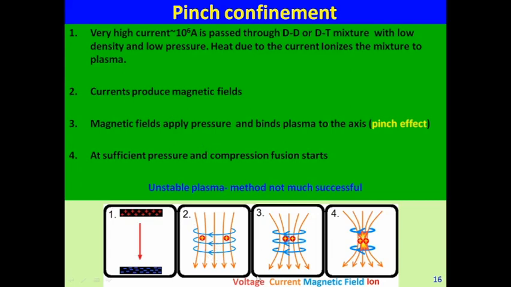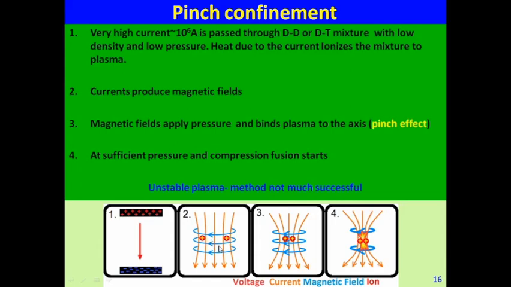Whenever there are currents, there will be magnetic fields around them. You know that wherever there is a current passing, there is some sort of magnetic field around it. This conduction of current is possible at high temperature simply because the plasma is in the ionized state, and an ionized state will conduct current. So there will be conduction currents as indicated by this orange arrow, and circulating around them there will be the corresponding magnetic field.